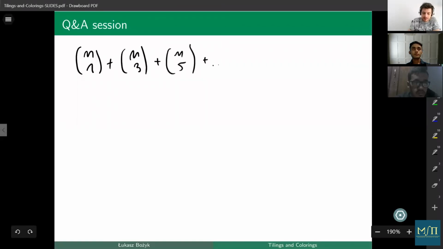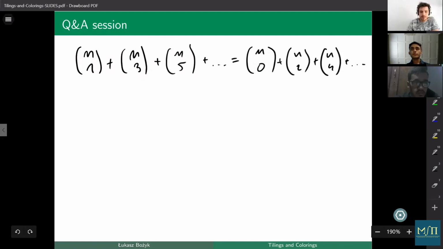Why is this equal to that? Am I right? Is this what the problem is about? How to visualize this equality?